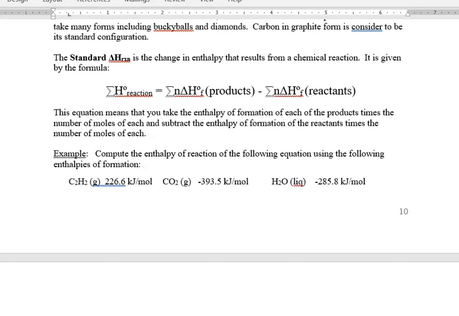That means you have to put that much energy in to get that to form. CO2 is a negative 393.5. That means energy comes out when you put carbon dioxide together. And H2O is negative 285.8. That means when you put hydrogen and oxygen together to form liquid water, 285.8 kilojoules per mole comes out of the reaction.